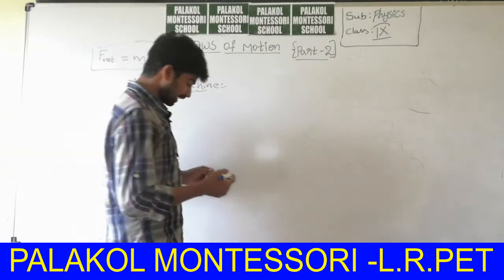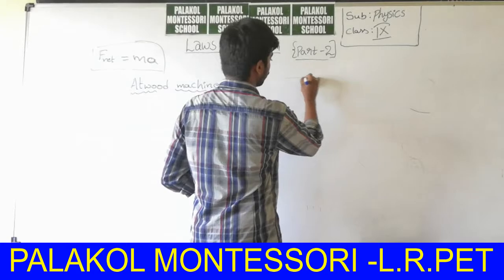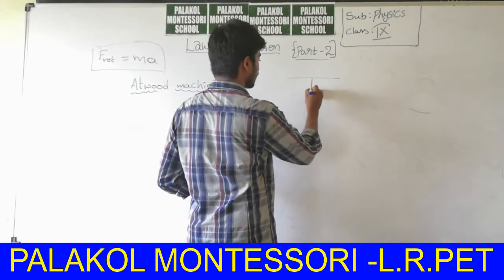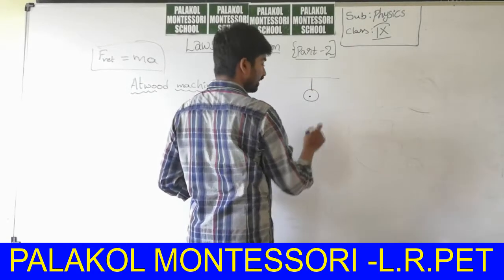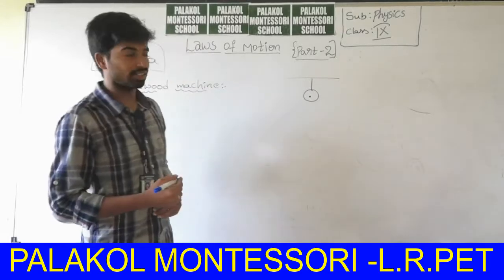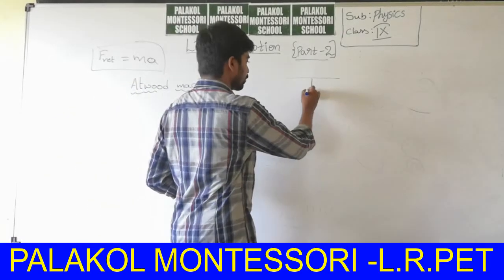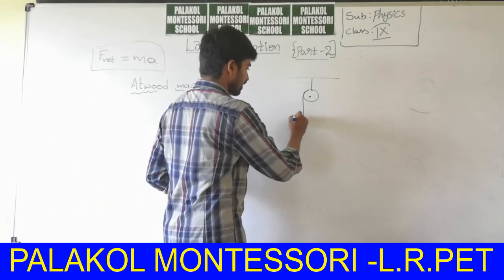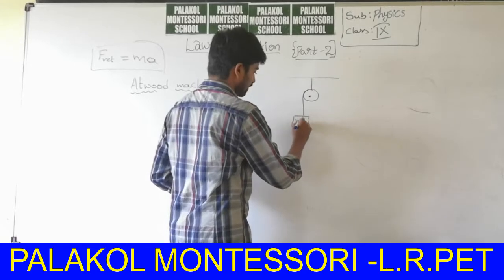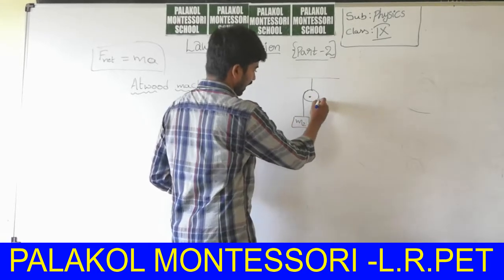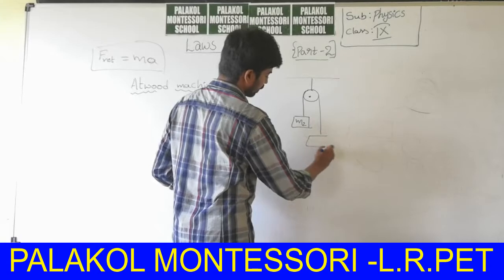The Atwood machine consists of a pulley and two masses connected through a string. Let us say this mass is m2 and the other mass is m1.